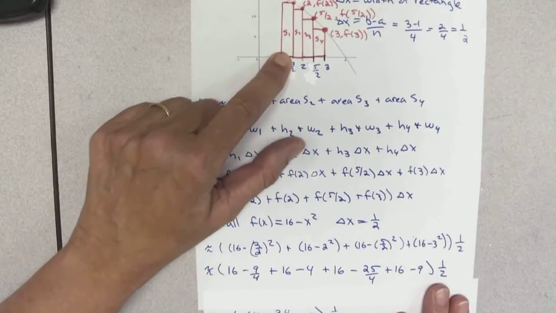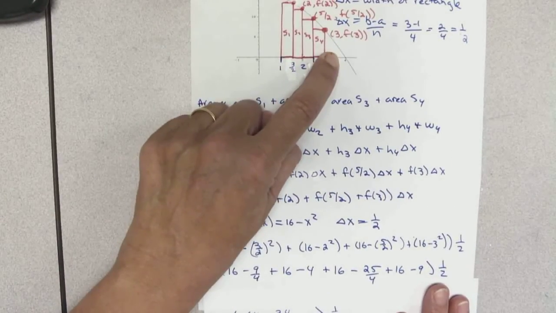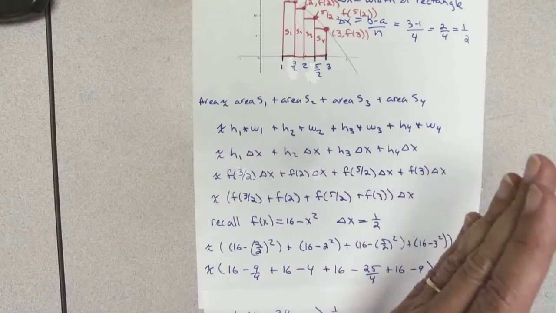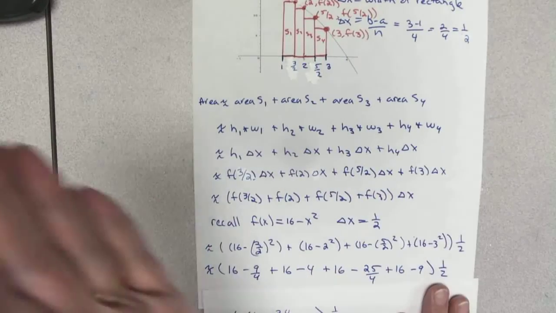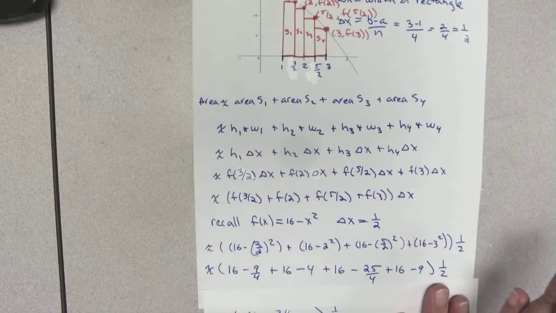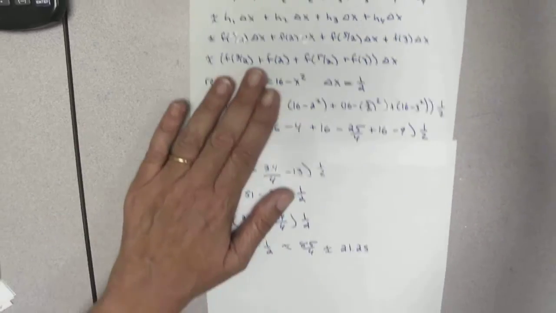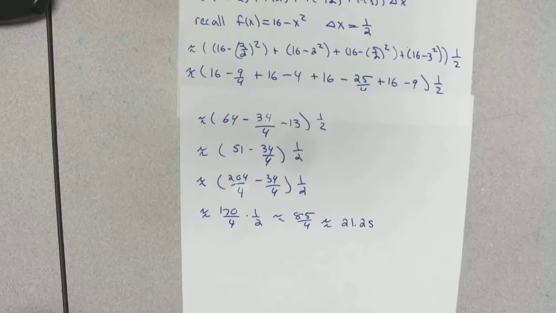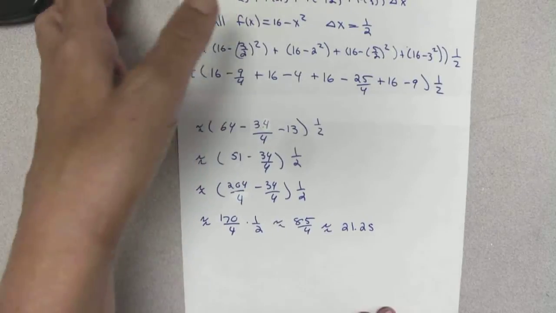The point is this concept, that we can estimate the area by filling that region with rectangles. Here we filled it with 4 rectangles, did height times width on each rectangle, did my arithmetic, and we came up with 21.25 square units.